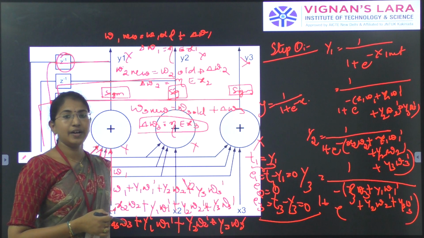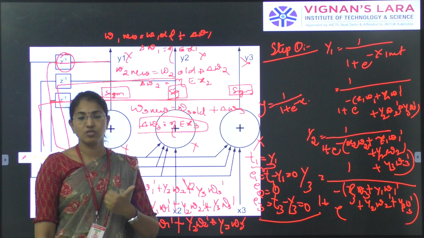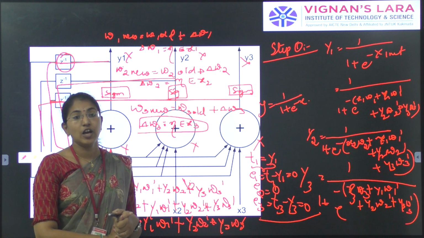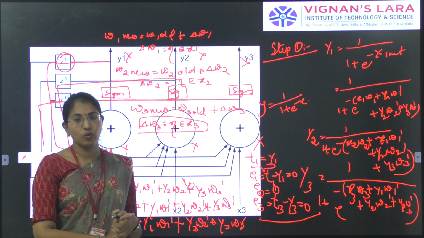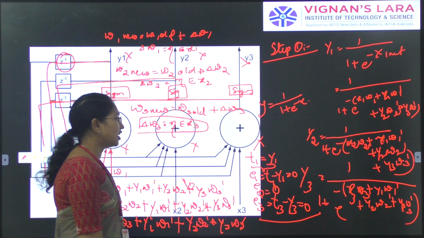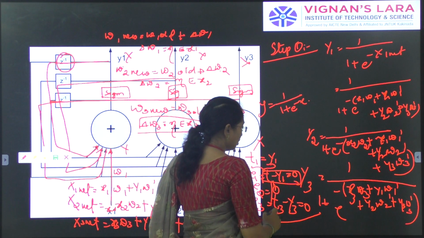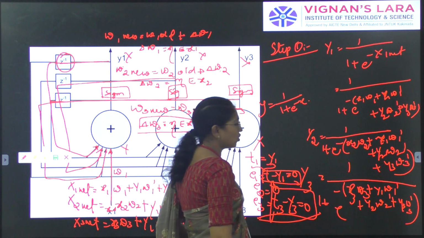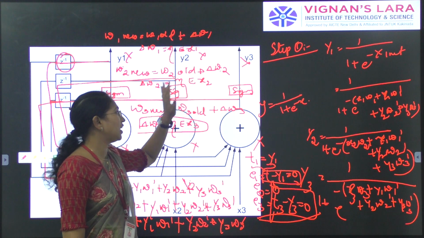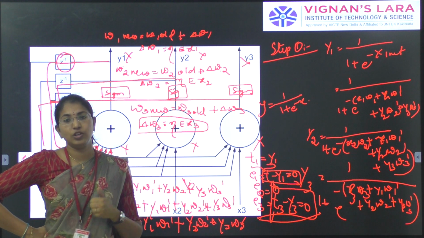So with the updated weights you need to find the net values again. You need to find the new updated output values of y1, y2 and y3 and then again check whether the error value is equal to 0 or not. If the error is not equal to 0, again you need to find weights W1 new, W2 new, W3 new.